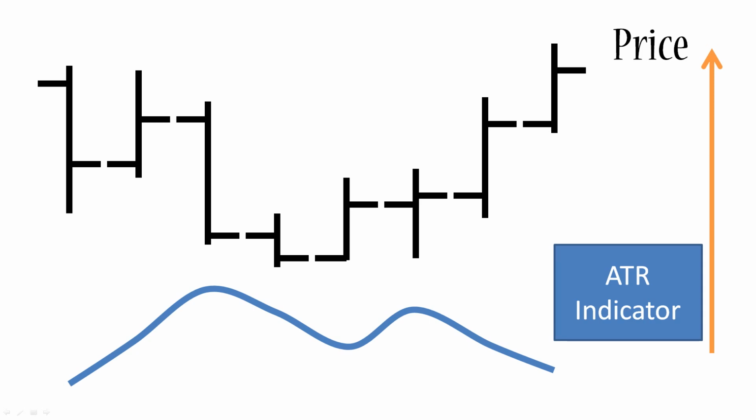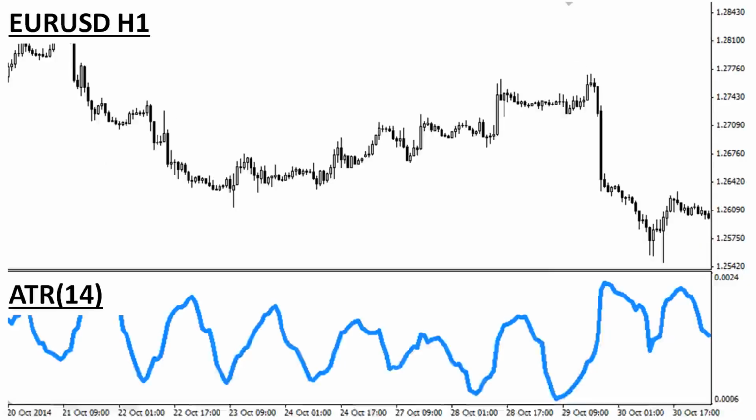And so right now we know that this average true range indicator tells us how volatile the market has been over the past 4 days. To finish off today's tutorial, let's have a quick look at the average true range on a real chart in MetaTrader 4. Here's a snapshot from MetaTrader 4, and at the bottom you've got the average true range with a period of 14.